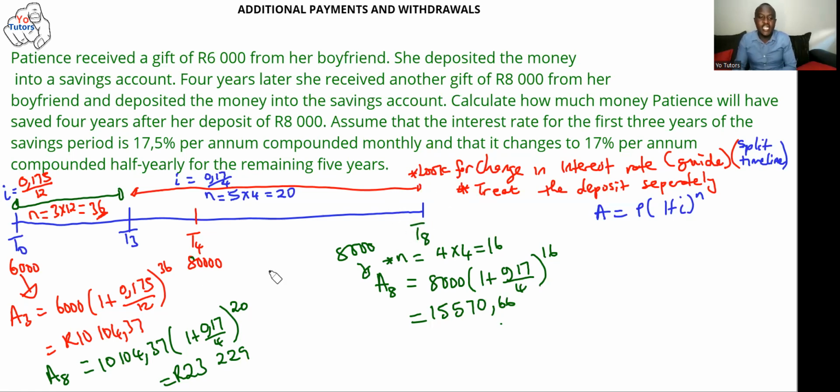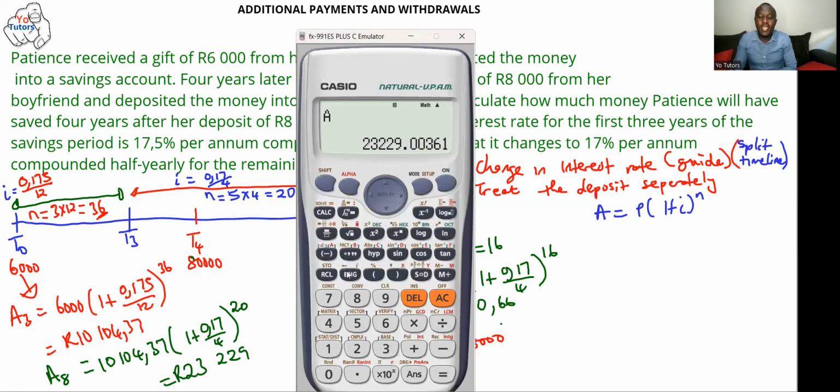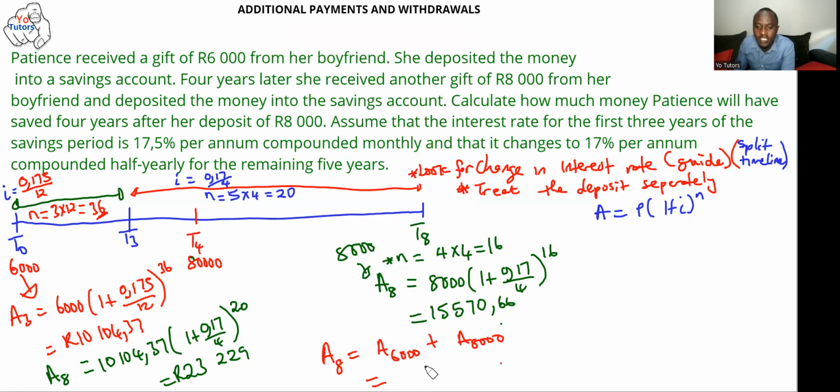Now, what you need to do for the accumulated amount, how much we have at the end of 8 years, is add. The accumulated amount after 8 years is going to be the accumulated for 6,000 plus the accumulated for the 8,000, which in this case we say recall A plus recall B. Then we get our final answer, which is 38,799.66.